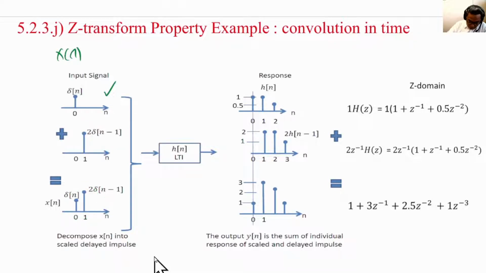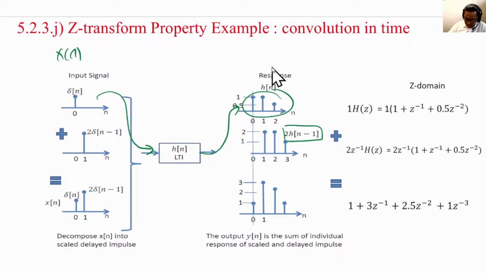The top input goes through this system and comes out here. This is h[n]. Since this is an impulse at time 0, this is the impulse response. What about the other one? This is 2 times the delayed impulse. The 2 is scalar multiplication, and the delayed impulse delays h[n], so the output is 2h[n minus 1].